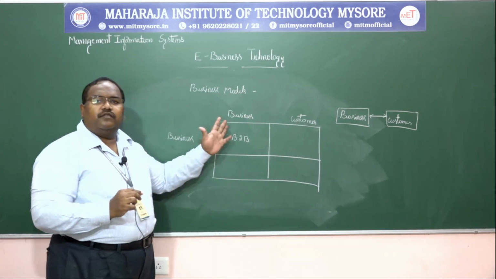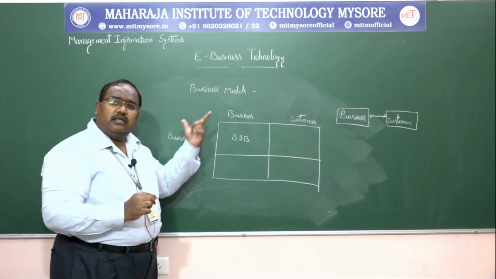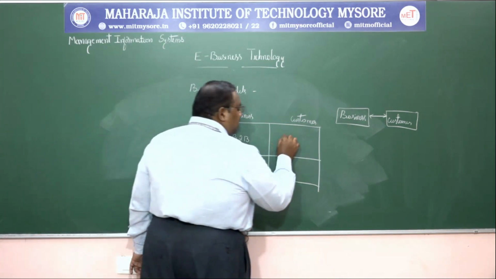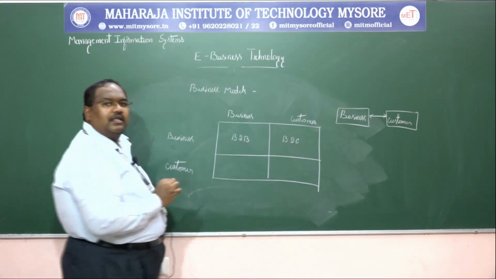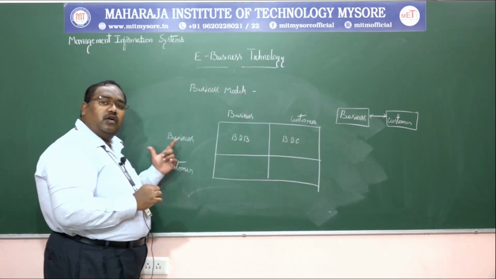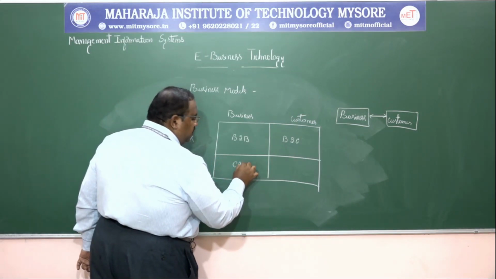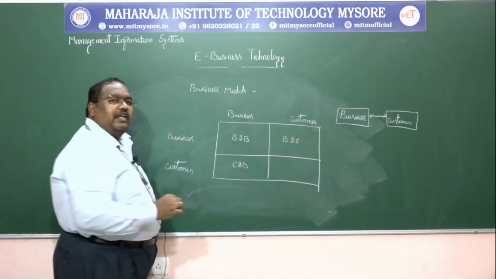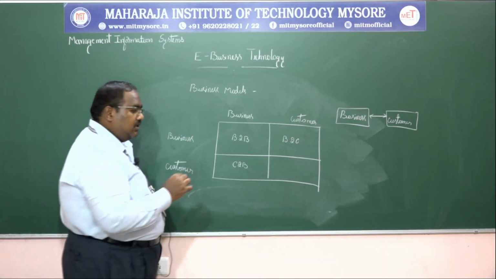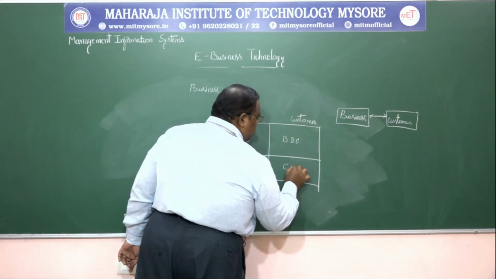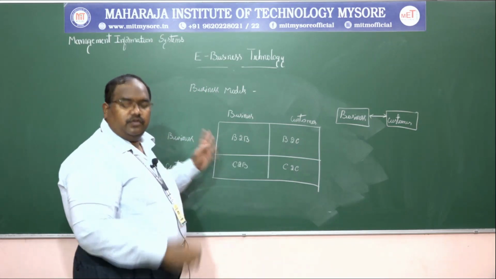And the second one, if a business is done with the customer, it is B2C. Now, if a customer is involved with a business, then it is C2B. If a business activity happens between the customer and the customer, then we represent it as C2C.